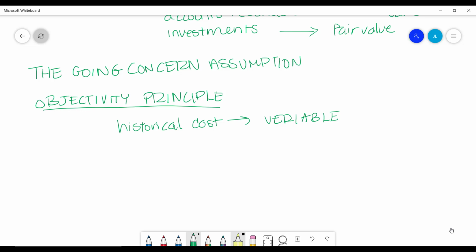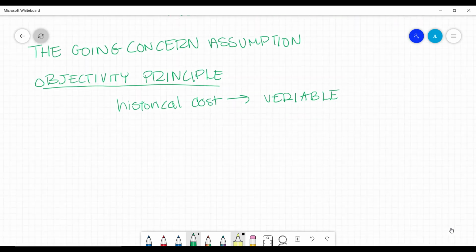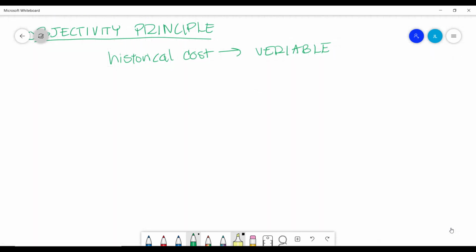So historical cost is something that's verifiable. I know what I paid for something. But if you ask someone, hey, how much is my land worth? That might not be as objective as being able to say what something had cost you in the past. Okay? And objectivity is very important for accountants when doing their work.